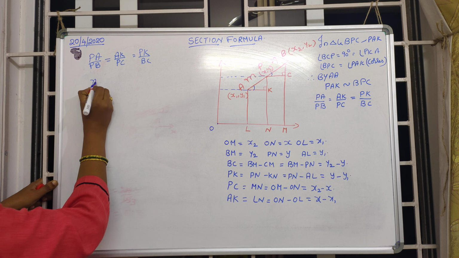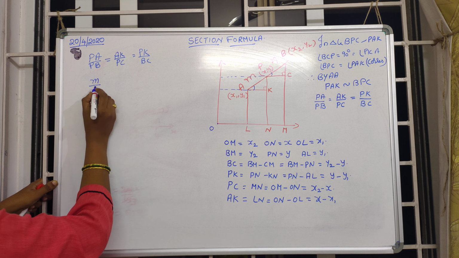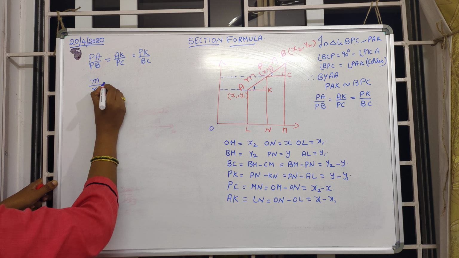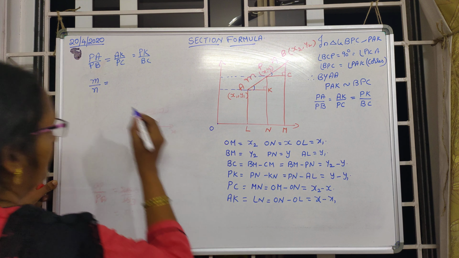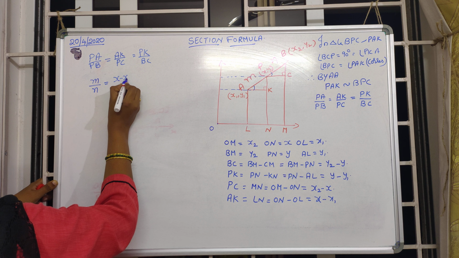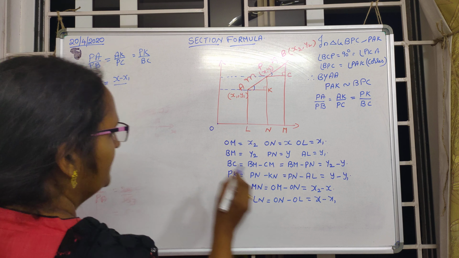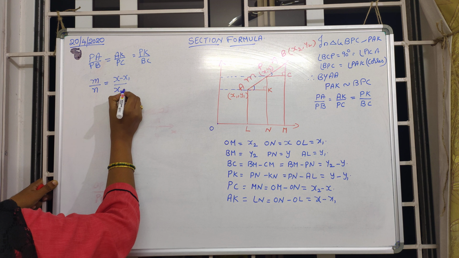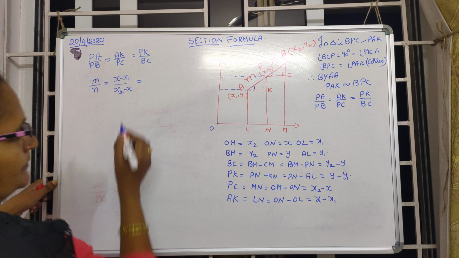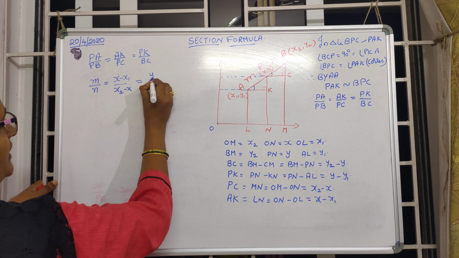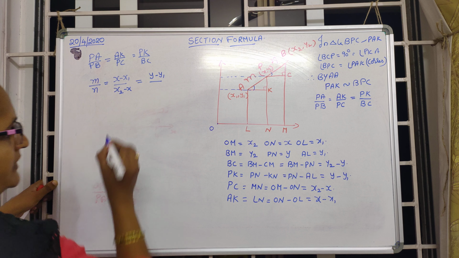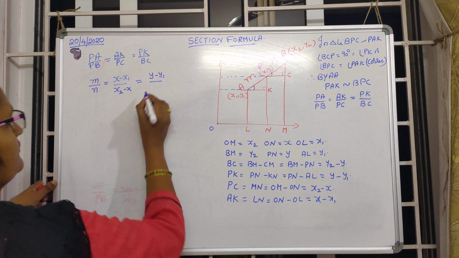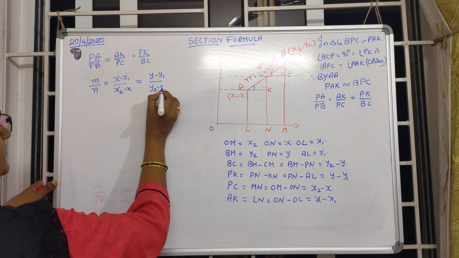PA is nothing but m, by PB is nothing but n, equal to AK is x minus x1, by PC is x2 minus x, equal to PK is y minus y1, by BC is y2 minus y.